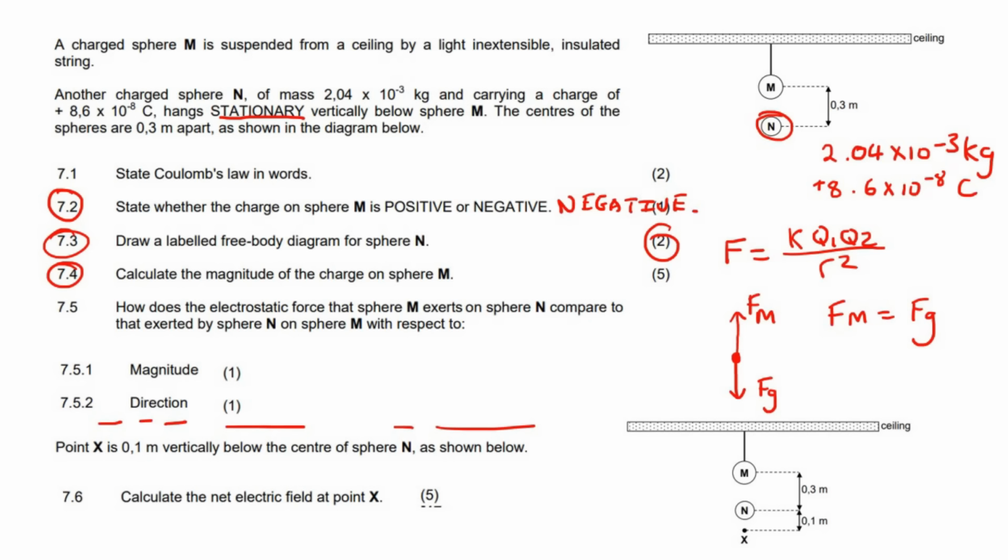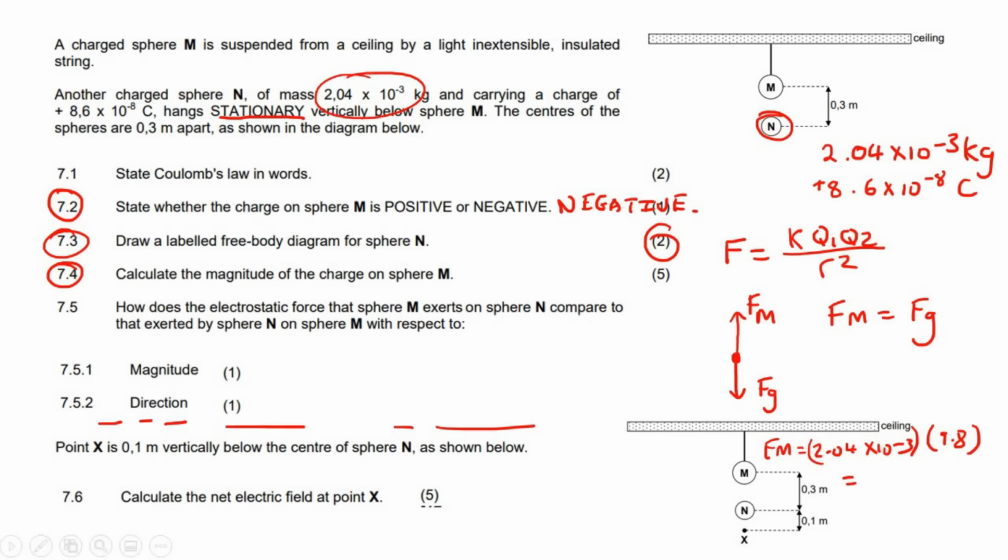Now we can say that Fm, the force between them, is going to be equal to mg. So that's mass, which is here, 2.04 times 10 to the minus 3, times by gravity, which is just 9.8.